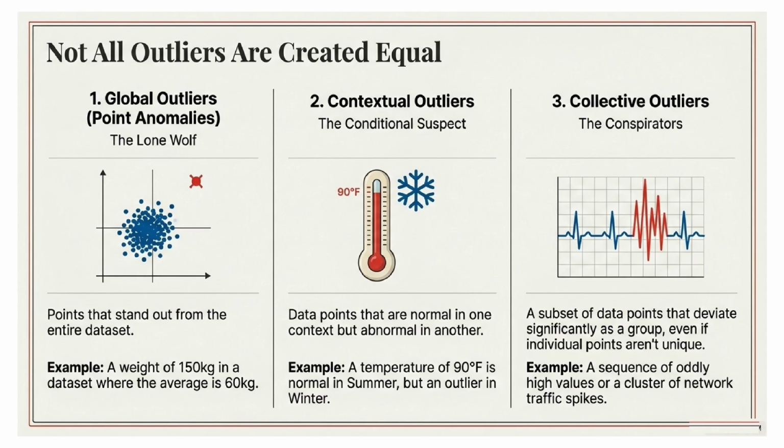For example, a high temperature is expected in summer but would be surprising in winter. The third type is collective outlier, which does not stand out individually but appears abnormal when a group of related points is examined together, such as a sudden pattern of unusual network traffic.